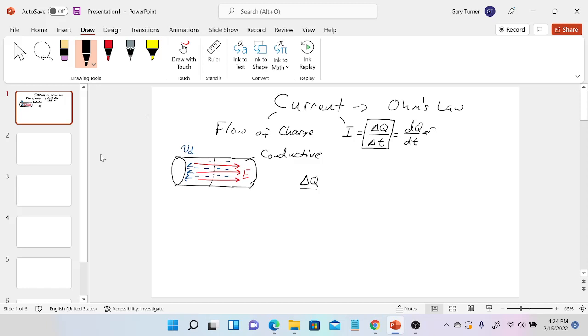So delta Q you can think of as the number of charge carriers times the charge per carrier.